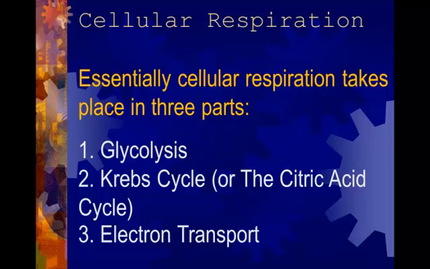There are essentially three parts of cellular respiration: glycolysis, which we just mentioned, then the Krebs cycle, which some books call the citric acid cycle, and the last part of aerobic cellular respiration, called the electron transport chain.